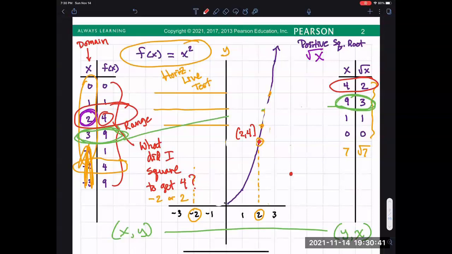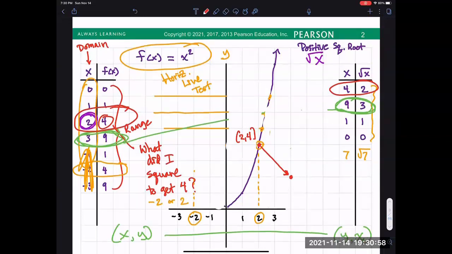So what you can imagine is that for each point on the original graph, to go to its corresponding inverse point, you would simply switch the x and the y values. And if you do that for every point on a graph, the point basically gets flipped across this diagonal line.